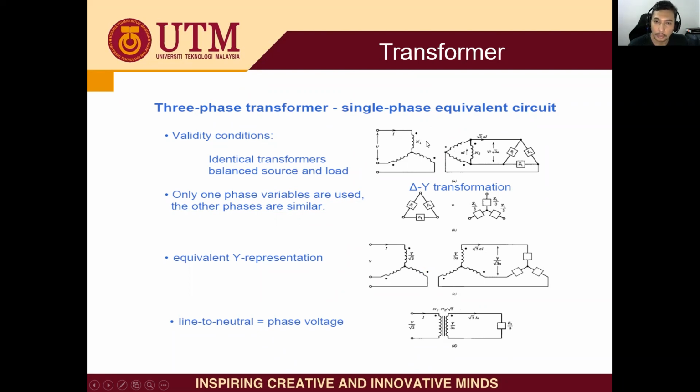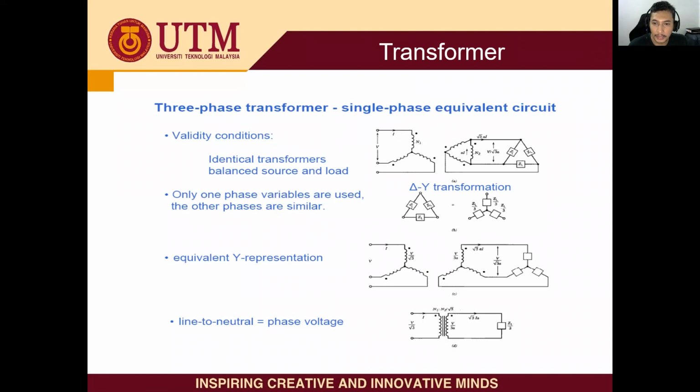So what we need to do is to transform this delta into its equivalent Y connection. The transformation can be used like this. If you have the delta like this and transform it into a Y connection, all the impedance will be divided by 3.